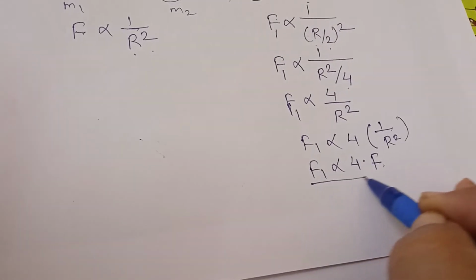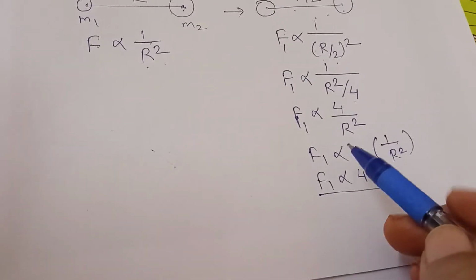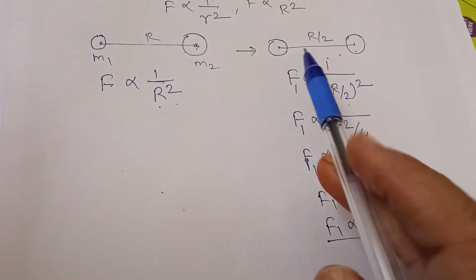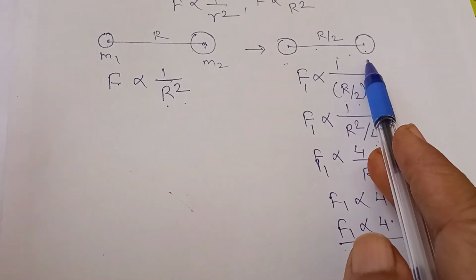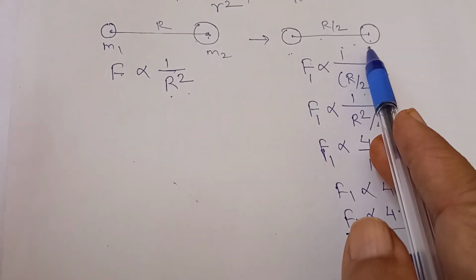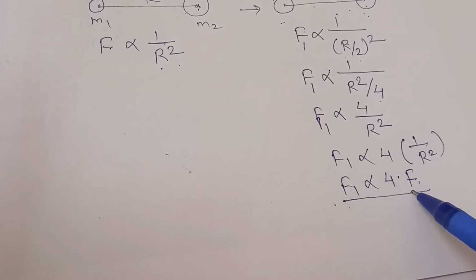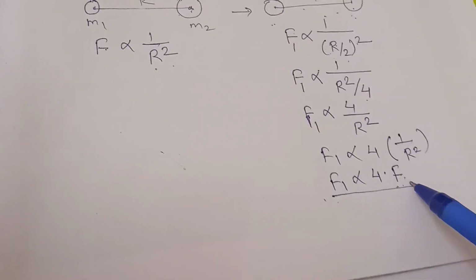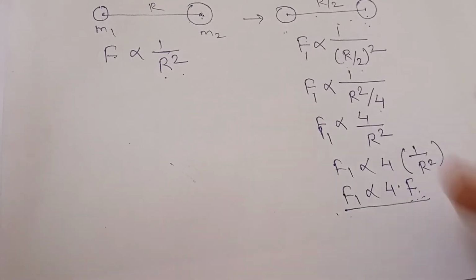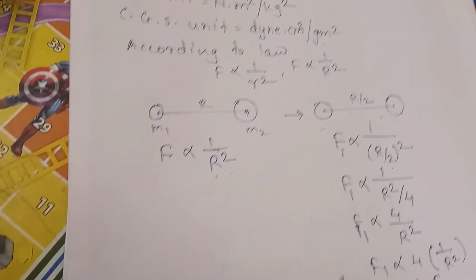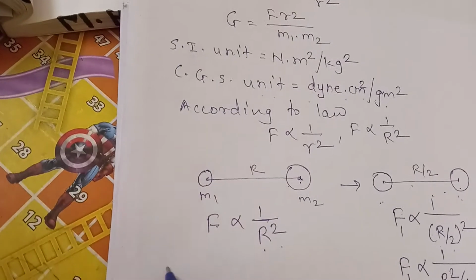From this we can conclude that if we halve the distance between the two bodies containing the same masses, then the force of attraction between the two bodies becomes 4 times.